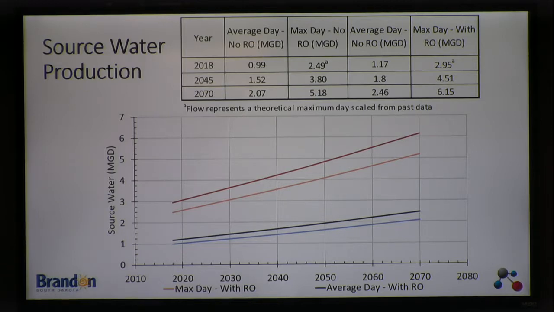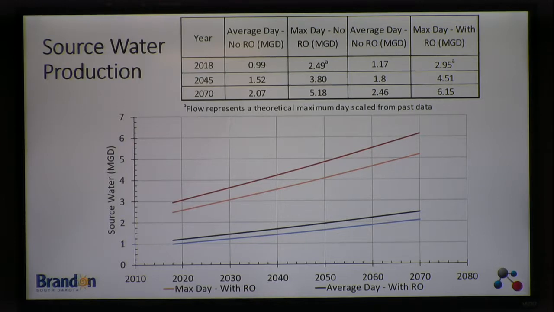The reason you need more water to use RO is that a certain amount of the water is wasted from that system. It contains the concentrate, contains the ions that have been rejected. So in our estimates, we were assuming that about 25% of the water approaching the RO system would be rejected.